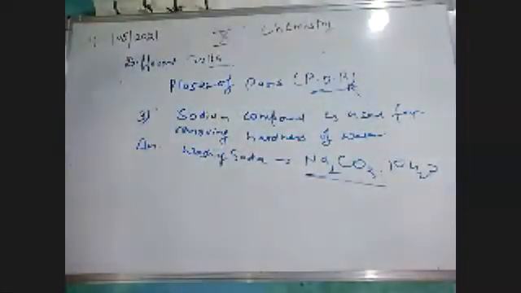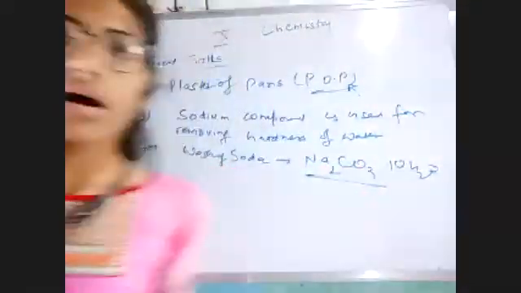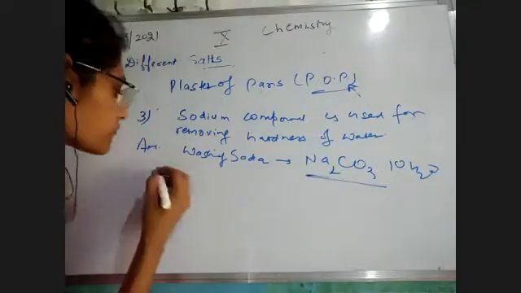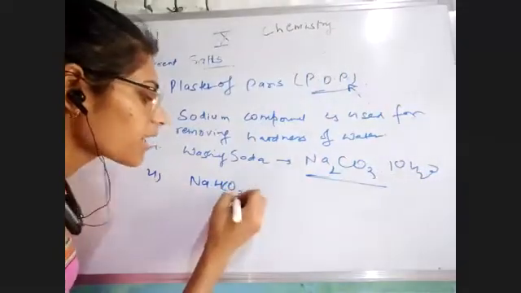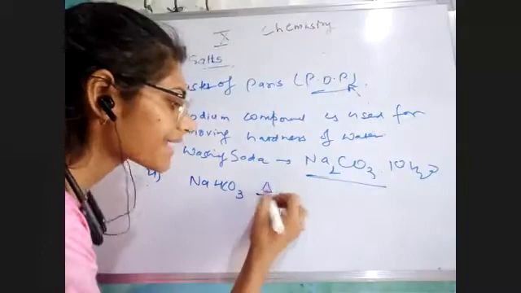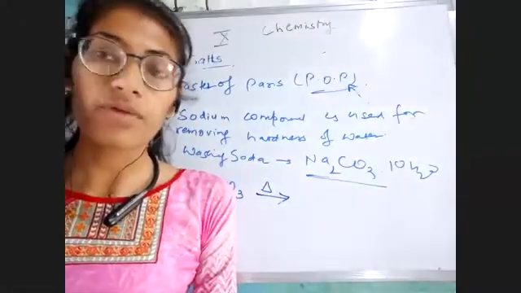Okay, now let's move to our two more questions. What would happen if the solution of sodium hydrogen carbonate is heated? Give the equation of the reaction. Oh, super easy. We have just completed that. Whenever we are heating our sodium hydrogen carbonate, what would happen?